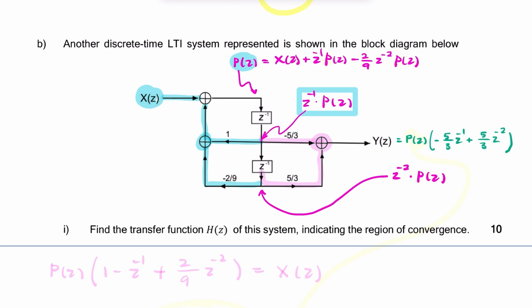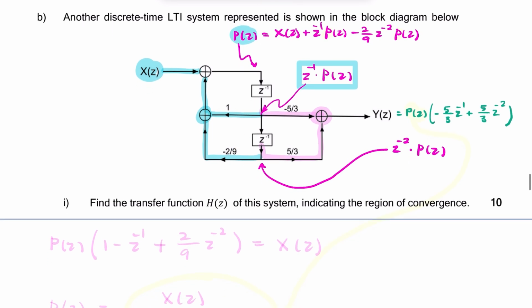So I can probably take P as a common factor, or move P to the left and then take it as a common factor. So I can say P of z times 1 minus z to the minus 1 plus 2 over 9 z to the minus 2 equals X of z.